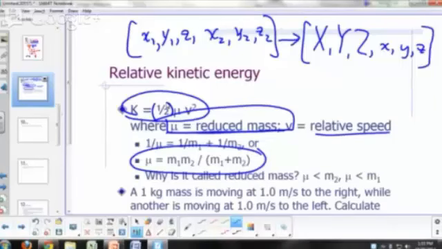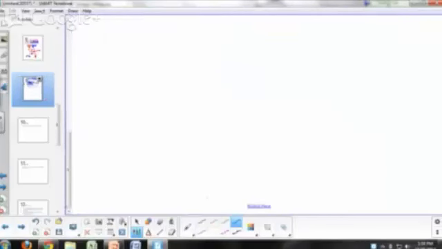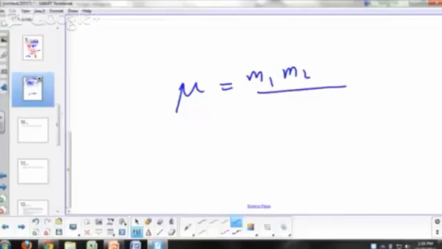Question, why is it called reduced mass? Well, let's see. How does mu compare to m1? Let's rewrite that. Mu equals m1 m2 over m1 plus m2. That's your formula.